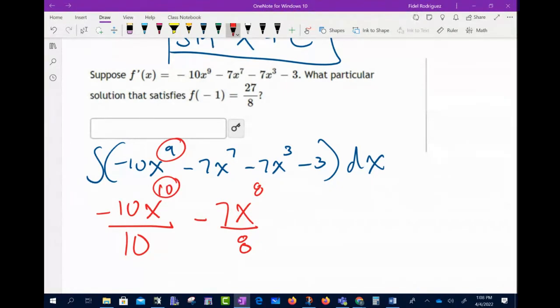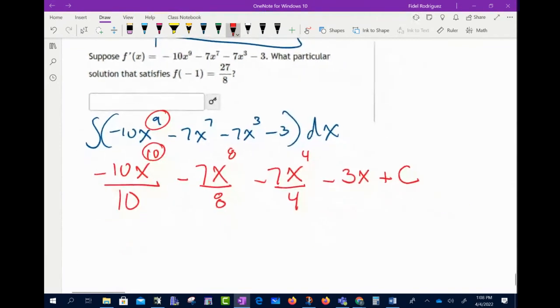Y'all, I'm going to go back and we'll do some simplifying in a second. I'm just writing out the original problem now. Okay, negative 7 again, x to the power of 4 all over 4 minus 3x, okay, plus c, right? We always have that constant of integration.